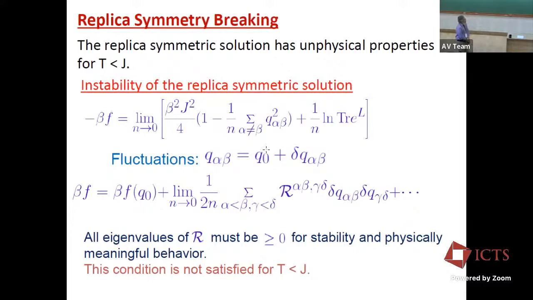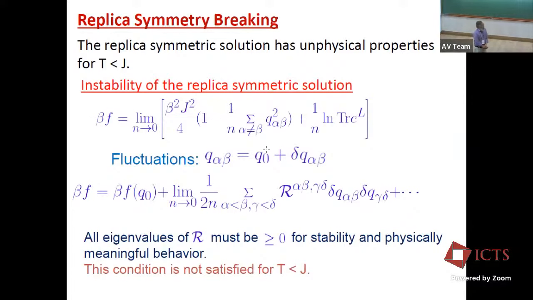So there is no room for negative entropy in this case. And so, although this solution looked like a nice way of describing the spin glass physics, it is not the correct solution. People tried to figure out where it goes wrong, and why it is not the correct solution.